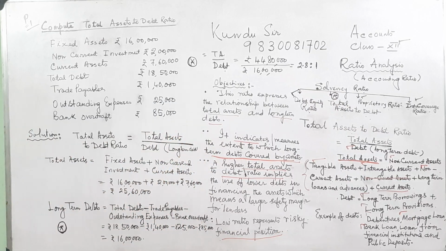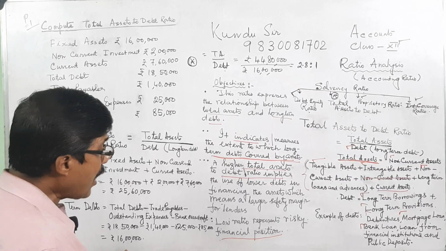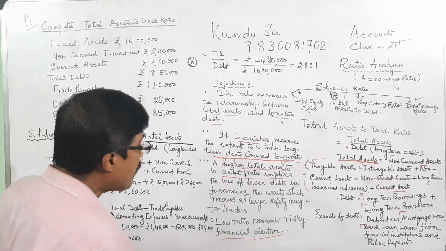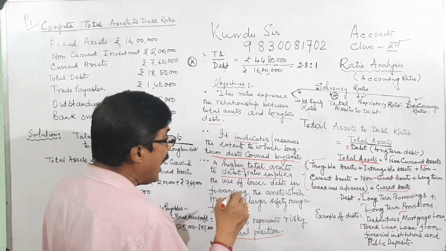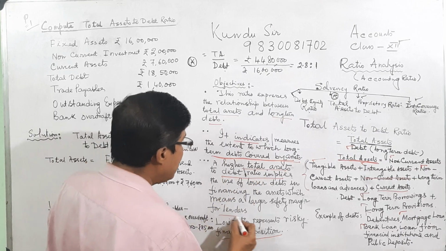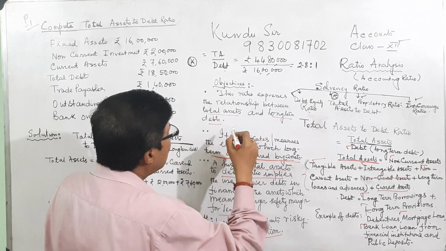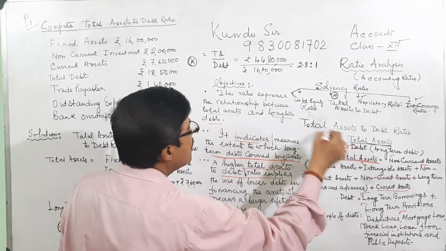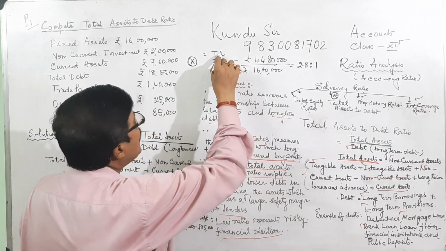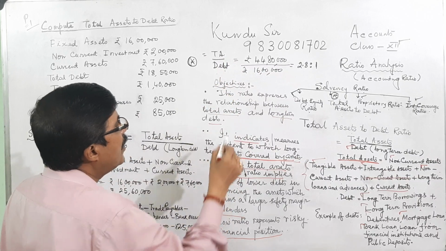Then the lack of safety will be felt by the lender to the company. It is the main point related to the total asset to debt ratio.